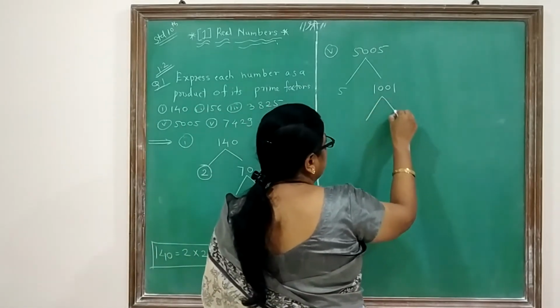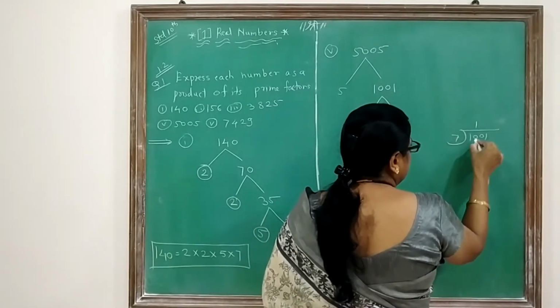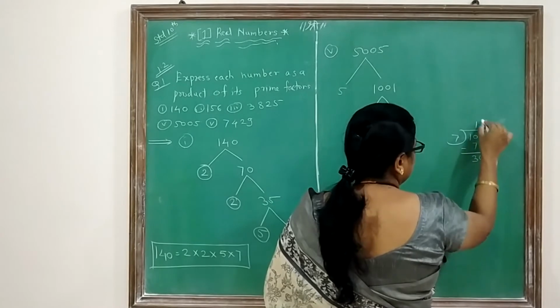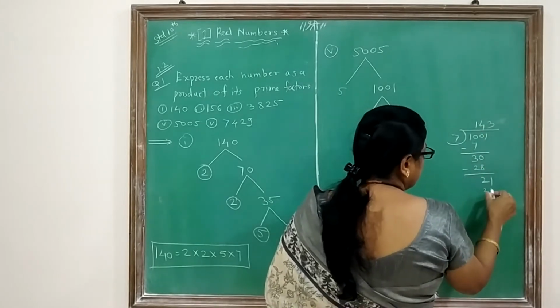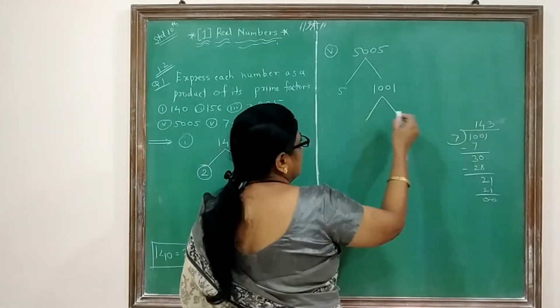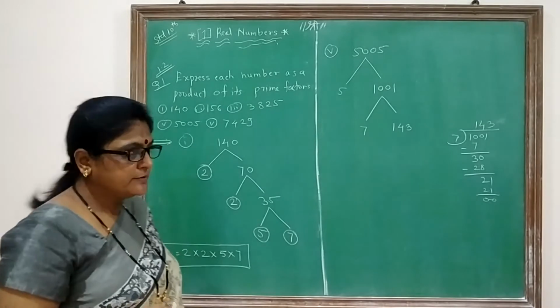Again you will divide 1001 by 7: 7 1s are 7, then 7 4s are 28, 7 3s are 21, and the remainder is 0, and the quotient is 143.